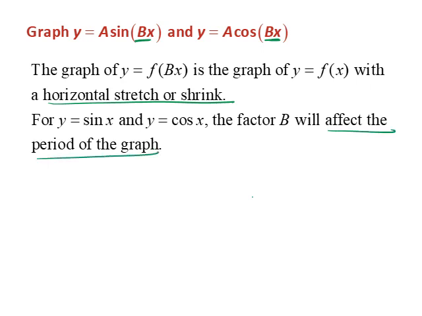So if you think about this, think about a slinky and holding it sideways or an accordion. And when you pull and compress, that will alter the slinky or accordion. That'll affect its horizontal shape. That's what this value of B is going to do to the graph.